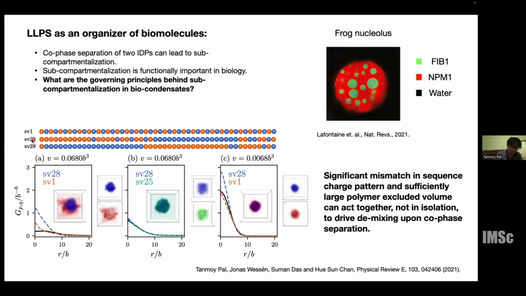And we found that when two charge sequences are very similar, like Sb25 and Sb28, in a phase separated droplet, they mix. But when we pair Sb1 and Sb28, which have very different charge sequences, in a phase separated droplet, they demix. So our conclusion is that this kind of amino acid sequence pattern could determine whether two proteins could demix in biocondensates.